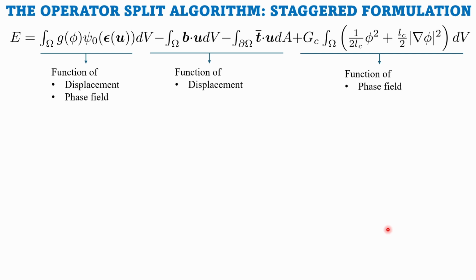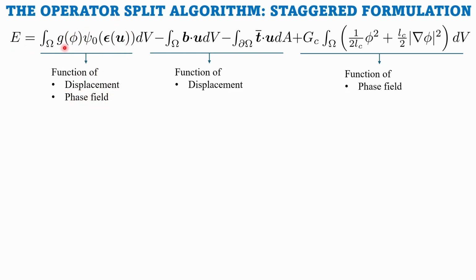So for solution methods, we will start with this operator split algorithm, also known as the staggered formulation. So if you remember from the previous video, I will link it up at the top. This was the total energy functional that we derived, correct? Capital E. This term is a function of displacement and phase field.